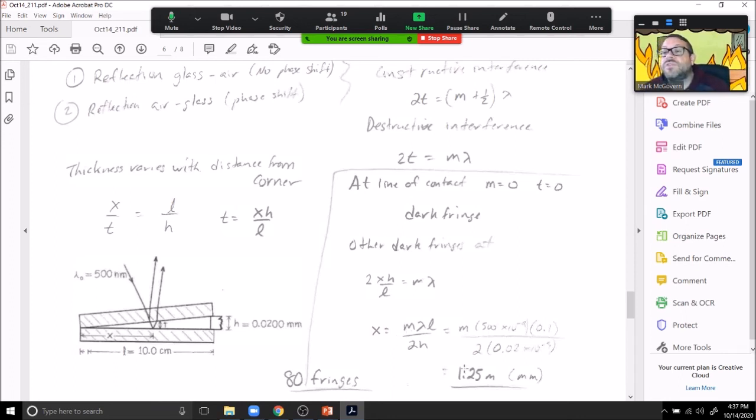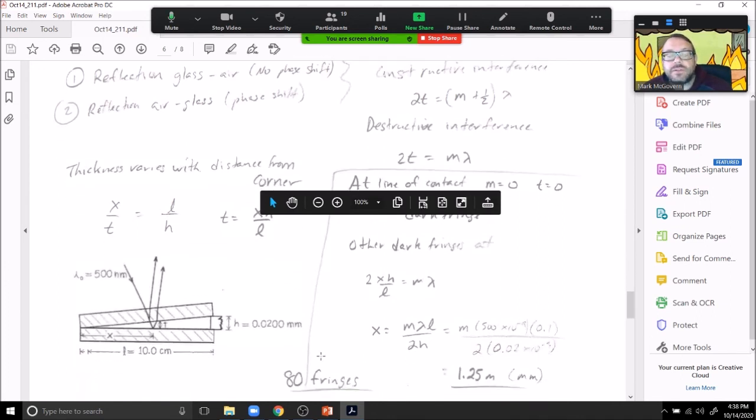If I plug in an m of 0, I get a dark fringe right there. The bright fringe is going to be exactly half of this value, right? So 0.625 millimeters is where the first bright fringe is going to be.